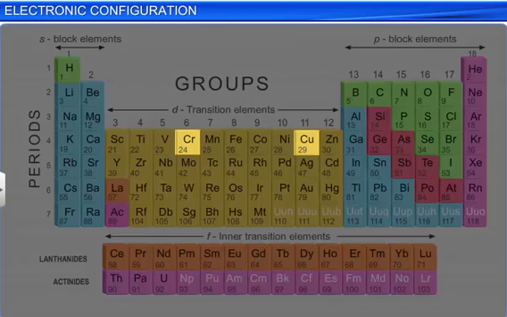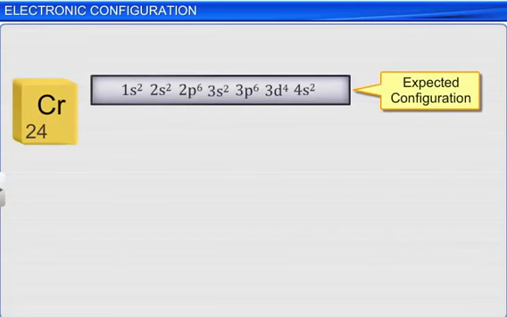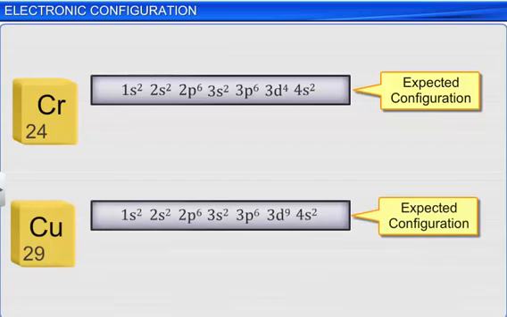The electronic configuration of chromium is expected to be as 1s2, 2s2, 2p6, 3s2, 3p6, 3d4, 4s2, and the electronic configuration of copper is expected to be 1s2, 2s2, 2p6, 3s2, 3p6, 3d9, 4s2.